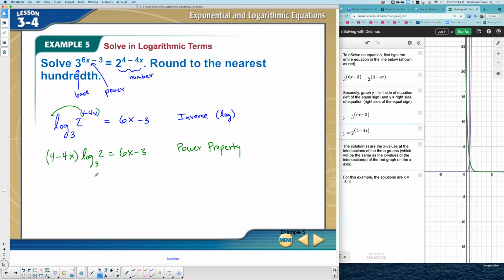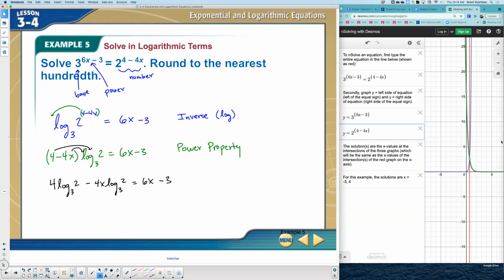Now this, we're going to have some crazy decimals in a moment. So this says round to the nearest hundredth. I'm going to go ahead and simplify out. When I distribute, I would have 4 log base 3 of 2 minus 4x log base 3 of 2, and that's going to equal 6x minus 3.